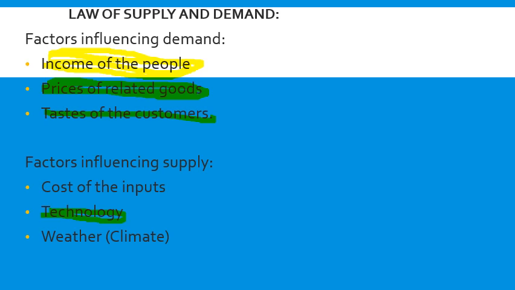The climate, especially for agricultural products, all of a sudden it could be drought or it could be flood. Today being September 2020, till a week ago we were hoping for a wonderful monsoon and everything was great, but now all of a sudden, because of continued rains, the agricultural produce is getting affected.